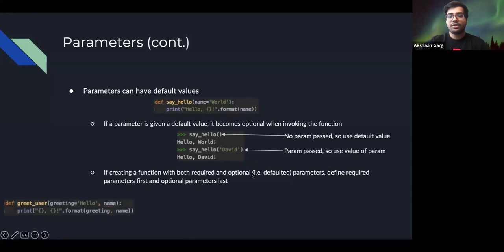When creating a function with both required and optional parameters, define required parameters first and optional parameters last, right? So you can't have an optional parameter first and then define a parameter that does not have a default value, right? We can see an example of this really quickly.